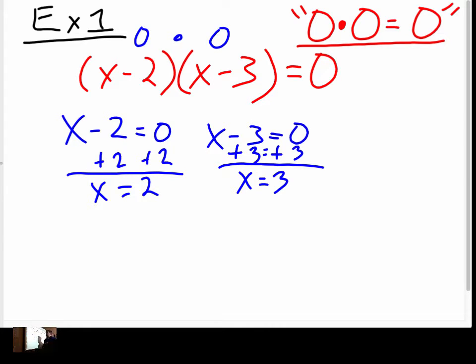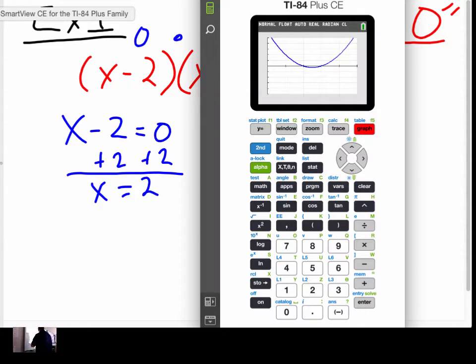Now, if I go and pull up my graph, check this out. If I hit trace and I plug in positive 2, guess what my y value is? 0. What do you think happens when I plug in 3? 0. Yeah, let's try it. See, 3. Does that make sense? Yes. It's broken.